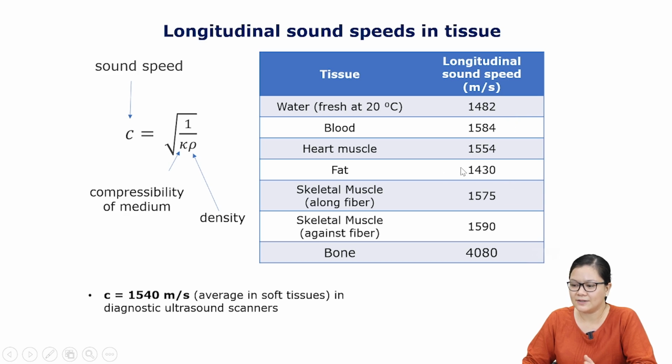We have fat here that has a lower sound speed than water. And we have other hard tissues such as bone, which, because they're highly dense, have a really high longitudinal sound speed, all the way up to 4,000 meters per second. But with regards to soft tissues, what is set in diagnostic scanners is a longitudinal sound speed of 1540 meters per second, which is the average of all the soft tissues in the body.